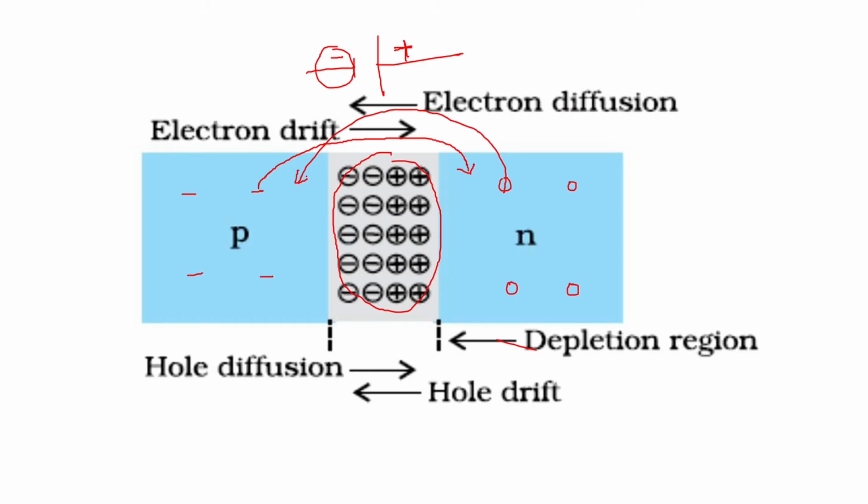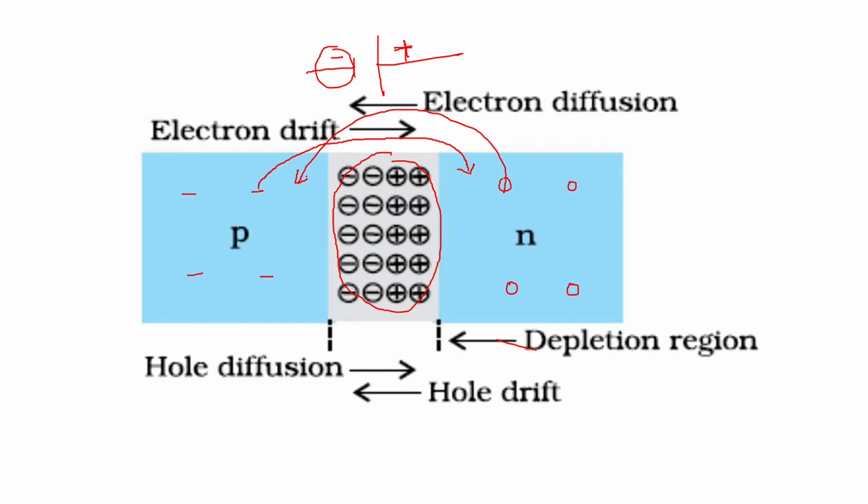Now this drift will take place for some time because of the potential difference or the electric field that is developed in the depletion region. For some time this drift current will flow, and one stage will come when both the diffusion and drift will be equal to each other and there will be no movement of any carriers, whether majority or minority, and there will be an equilibrium.